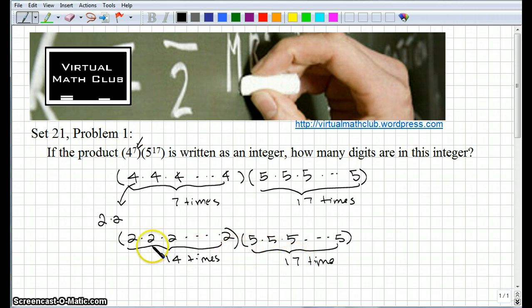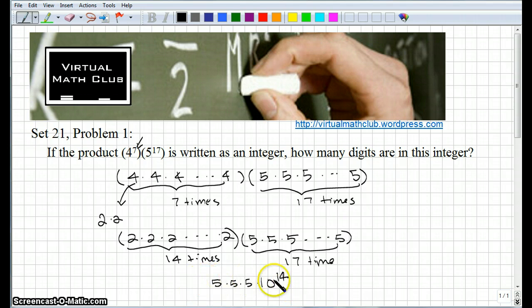So we can take all 14 of these 2s and match them up with 14 of the 5s, and we'll get 14 10s, or we could write it as 10 to the 14th. That takes care of 14 of the 2s and 14 of the 5s, but we've still got 3 5s left over. So we'd have 5 times 5 times 5 times 10 to the 14th.